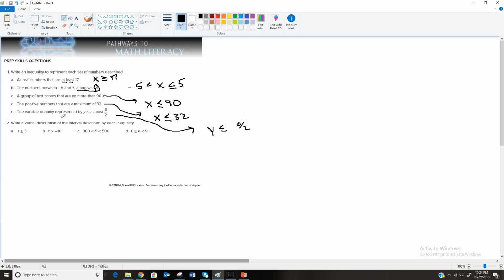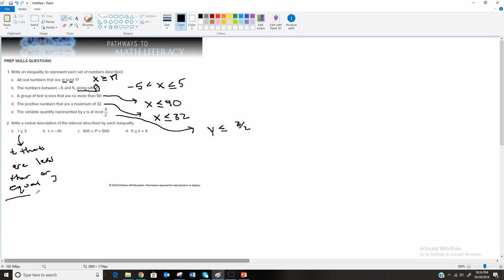But on this it says write a verbal description. I'm not going to write these all out. I'll just say it. So this is all the t's, I guess I could say it out, that are greater or equal to, oh, I said that backwards, less than or equal to 3.